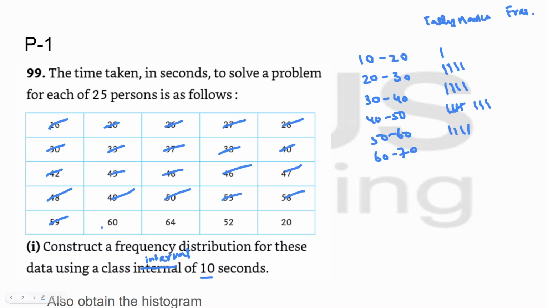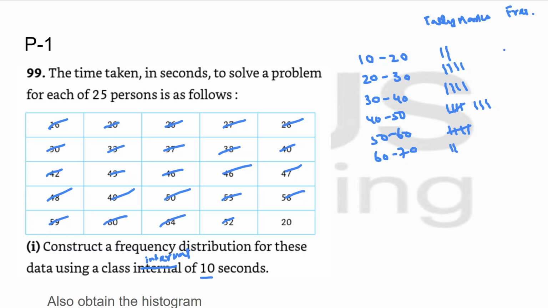Then 60 should start here, 64 will come here, 52 means it should come here, and 20, 20 is here.